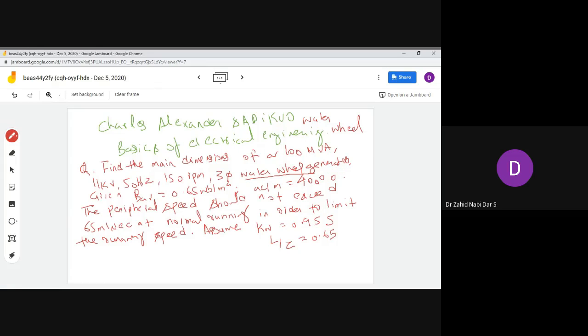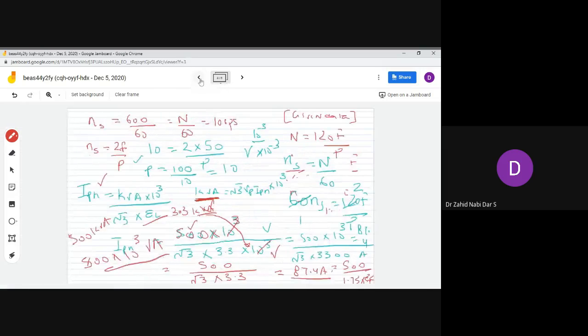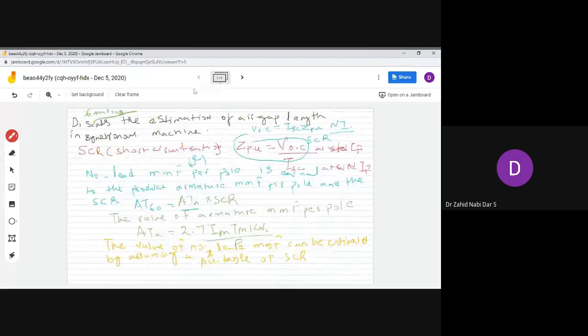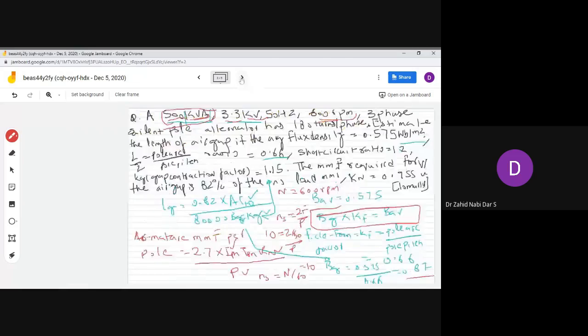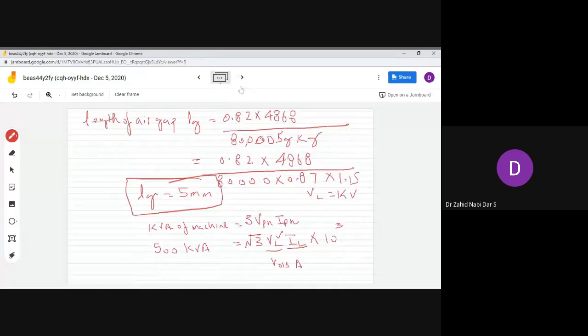You go through the books and other things. It has appeared again for 10 marks. In one examination, this problem comes for 10 marks. In the same examination, first this question comes for 6 marks, then another question comes for 10 marks, 16, and this comes for 10 marks.